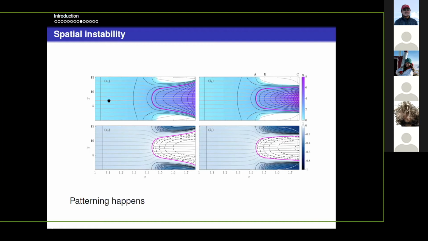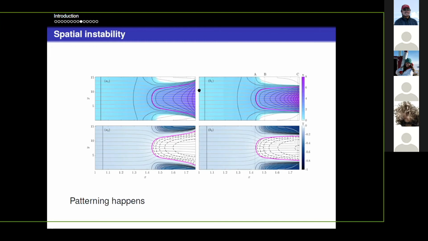So the relatively slow velocities here increasing to the right, and you see this pattern form here spontaneously. The pink line is the transition from below the melting point to above the melting point. And so you're seeing essentially an ice stream form spontaneously here with a slow flowing ice ridge in between.